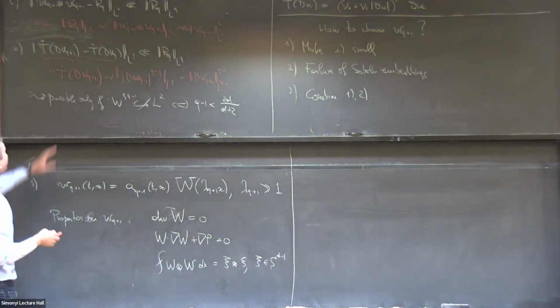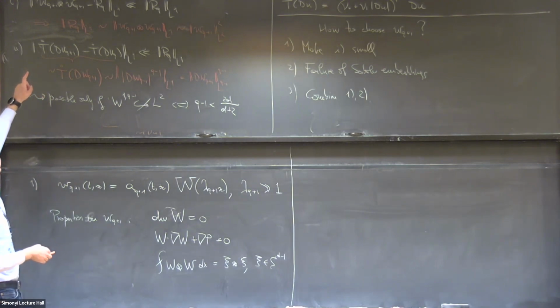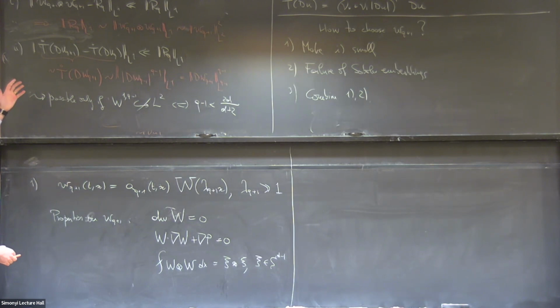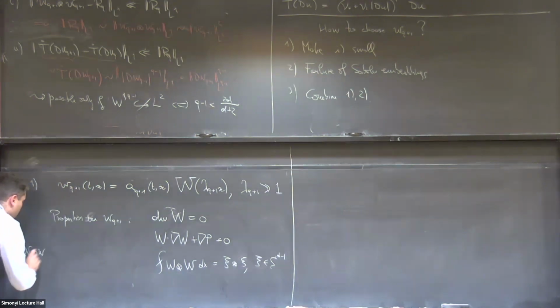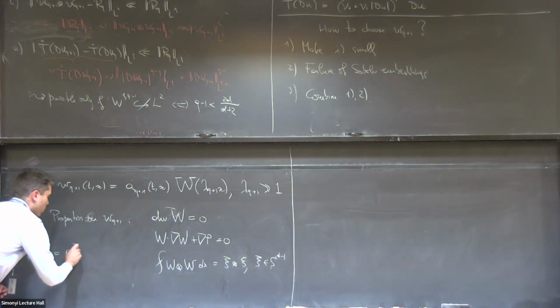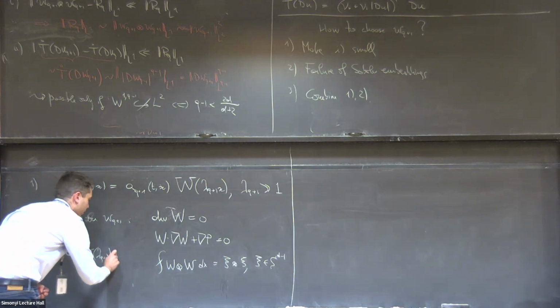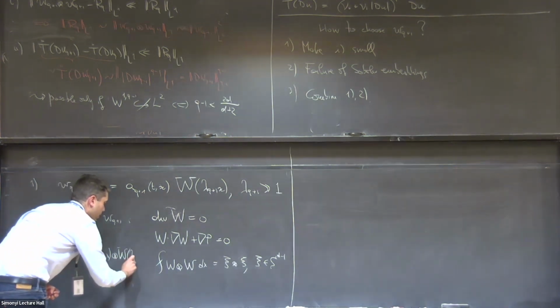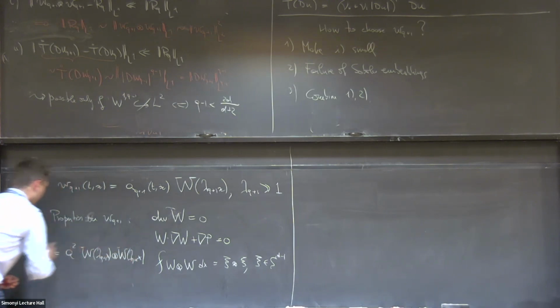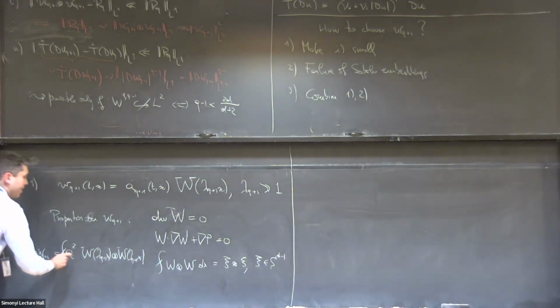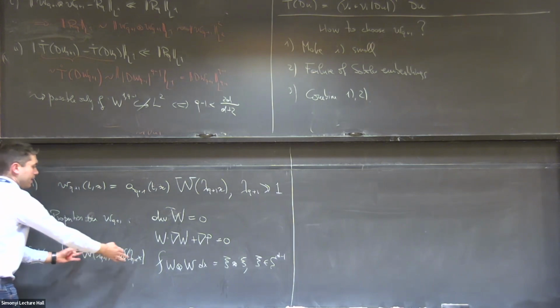Well, because if I look back at that first line over there, the term that should cancel the old error is this W tensor W. So if I compute W_{q+1} tensor W_{q+1}, this is a squared times W fast oscillating tensor W. And now if I take the mean value of this W tensor W, and I take lambda sufficiently large, this is the dominating term.